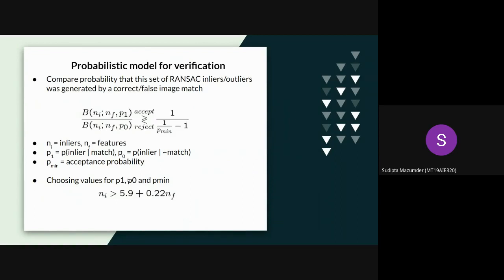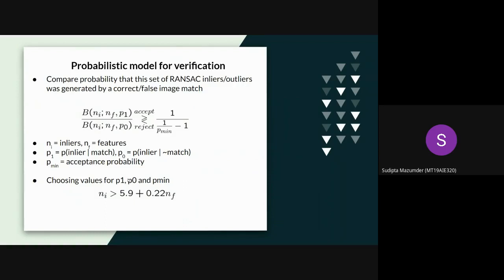Using this, we do the probabilistic modeling where we use Ni and Nf, which are the inliers and the features, and then we calculate the probabilities P1 and P0, where P1 is the probability of inlier given a match, and P0 is the probability of inlier given there is no match, and P min is the acceptance probability. The values of P1, P0, and P min are generally supposed to remain within this constraint, which is given by Ni greater than 5.9 plus 0.22 Nf.